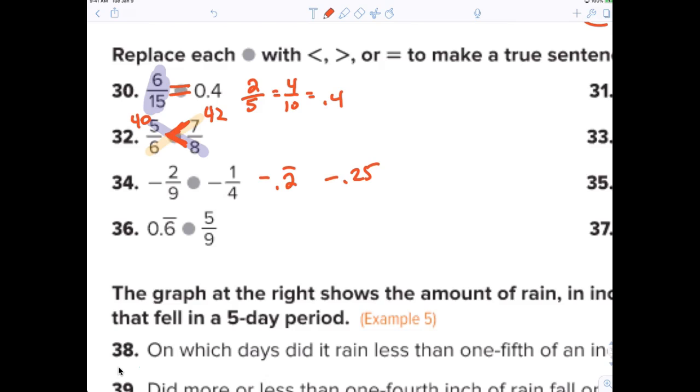Negative 0.25 is greater than negative 0.2... What do you think? Yeah, it's more negative, right? So negative 0.2 repeating is greater than, isn't it? Because again, think of it as this, 0.22.